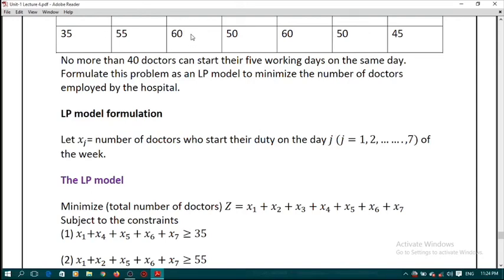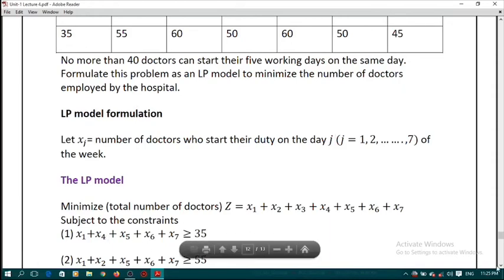Same for the doctor who starts his duty on Tuesday. So x2 and x3 are excluded, and we have x1 plus x4 plus x5 plus x6 plus x7, which is greater than or equal to 35, because the hospital needs a minimum of 35 doctors. This constraint is for Sunday.